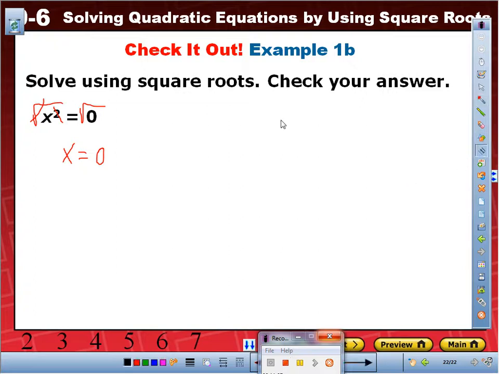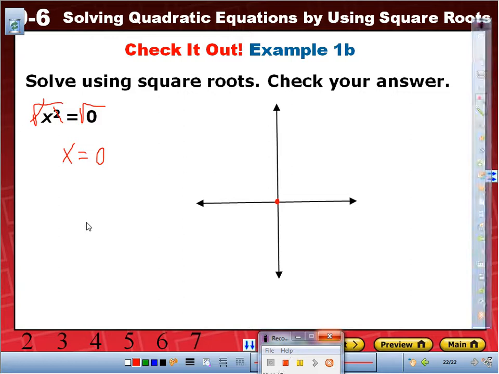Everybody look up, please. What's my root? 0. That means it's here. And you're saying, so what would be my y-intercept if it doesn't have a constant? 0. So that means our parabola is crossing through the origin. It's both my x-intercept and my y-intercept.